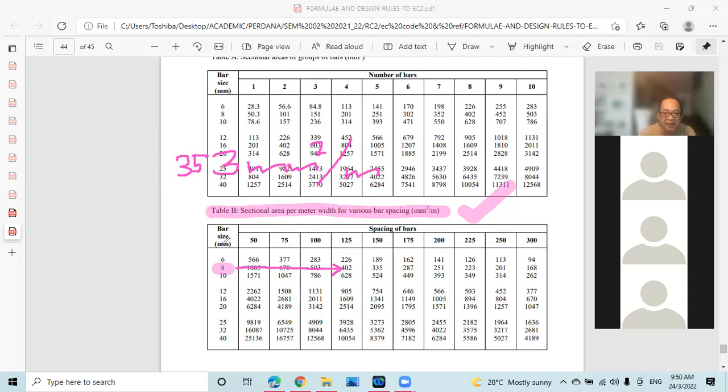So from there we get H8 at 125 spacing. H8 at 125 spacing. So this will be our spacing, where the area provided is now 402, greater than 353. More than 353. Okay.